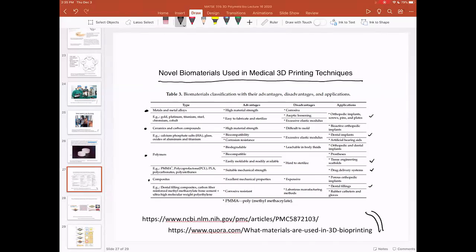There's some nice sort of guidelines, just like we've seen for other industries, in terms of what technology is used where, and where the opportunities are in the synergy between additive manufacturing and biotech and dental.